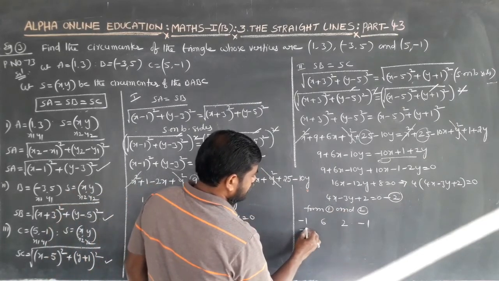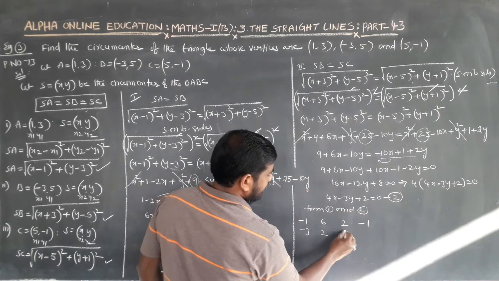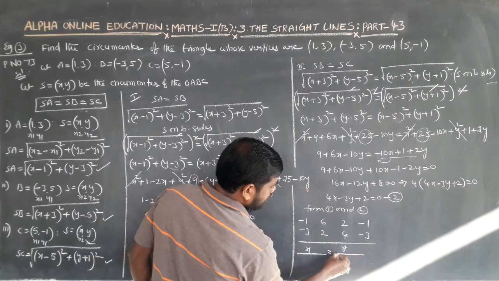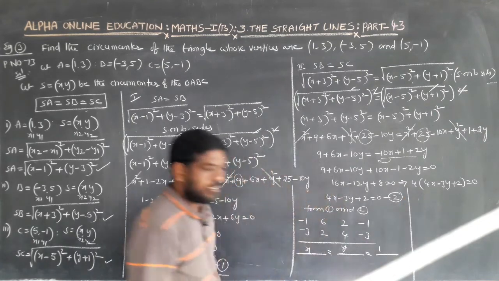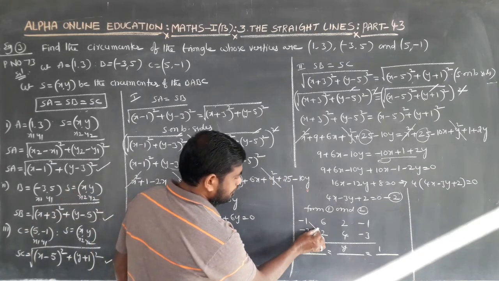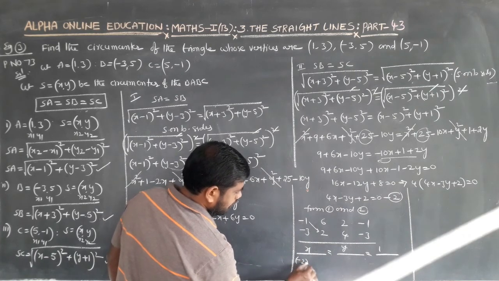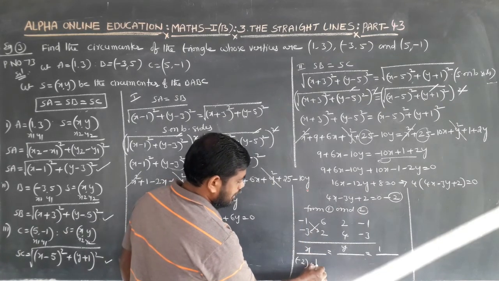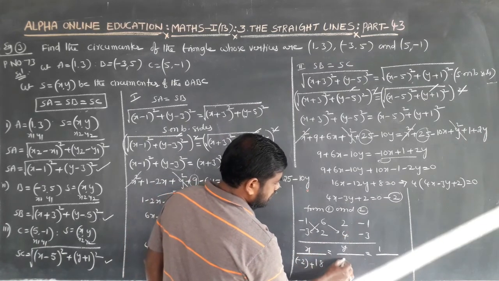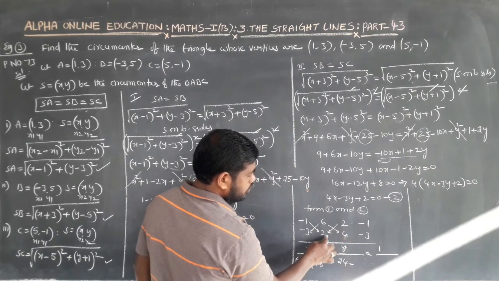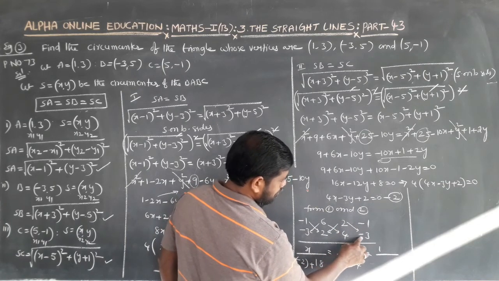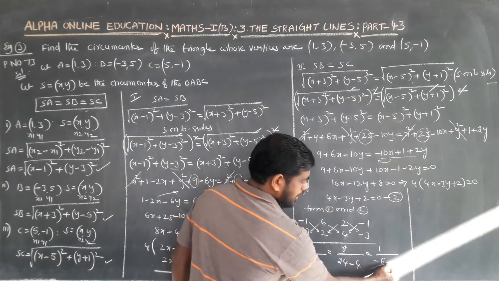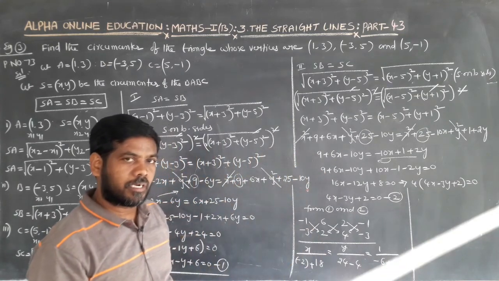From 2: y coefficient is minus 3, constant is 2, x coefficient is 4, y coefficient is minus 3. x by, y by, 1 by: AD, minus 1 into 2 minus 2, minus BC, 6 into minus 3 minus 18, minus into minus plus 18. 6 4s are 24, minus 2 2s are 4. 2 into minus 3 minus 6, minus 1 into 4 minus 4, minus into minus plus 4.